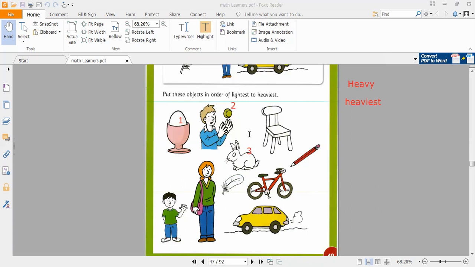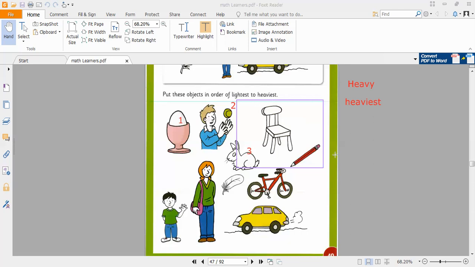Okay, now we are going to make our second group. Now see what will be our second group. In the second group, we are going to add these three things: pencil, chair, and rabbit.